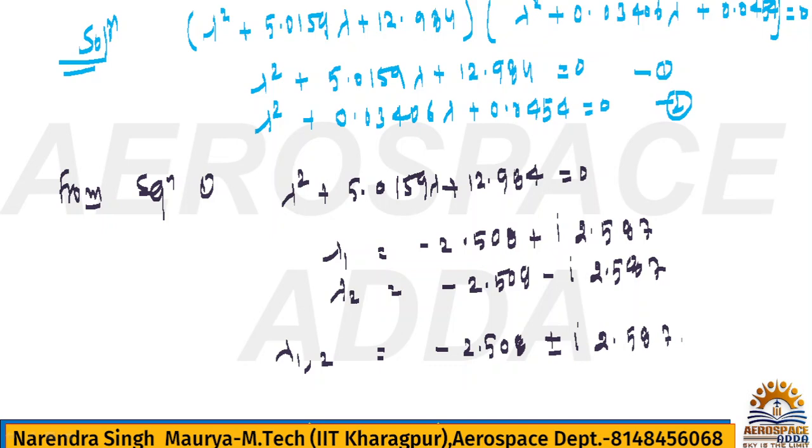If you have gone through the complex number chapter in engineering mathematics, a quadratic equation sometimes gives complex values, meaning real and imaginary parts both. In complex numbers the format is x plus iy, where x is the real part and y is the imaginary part, denoted by q. Last class I discussed p and q, where p is the real value and q is the imaginary value.